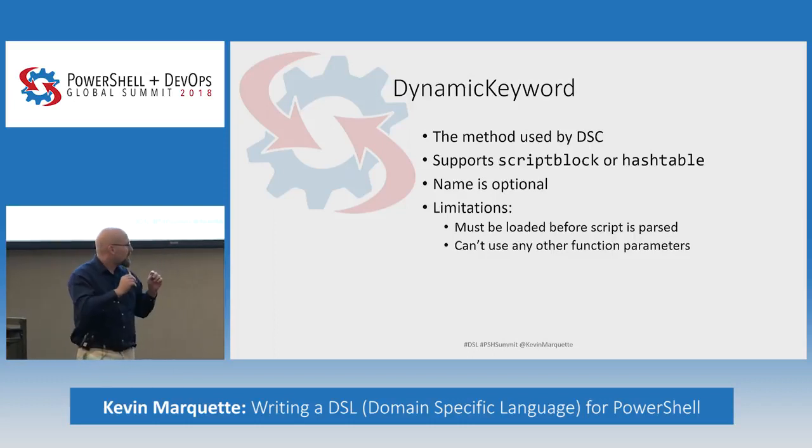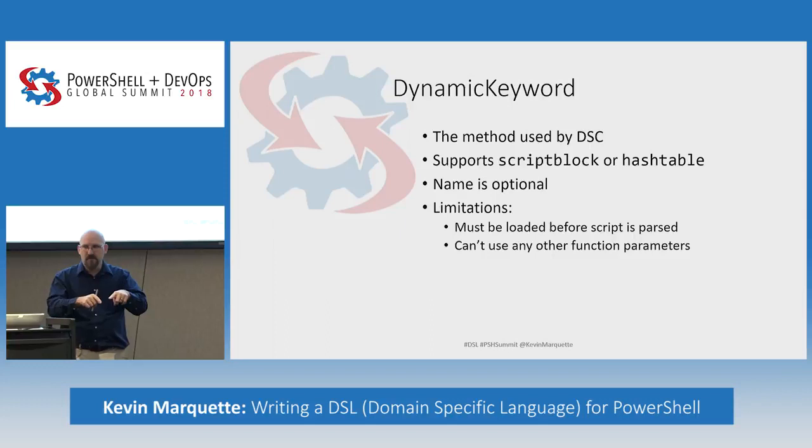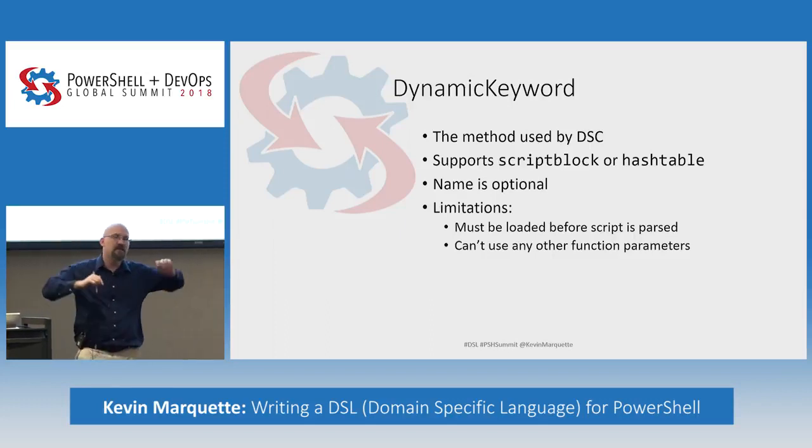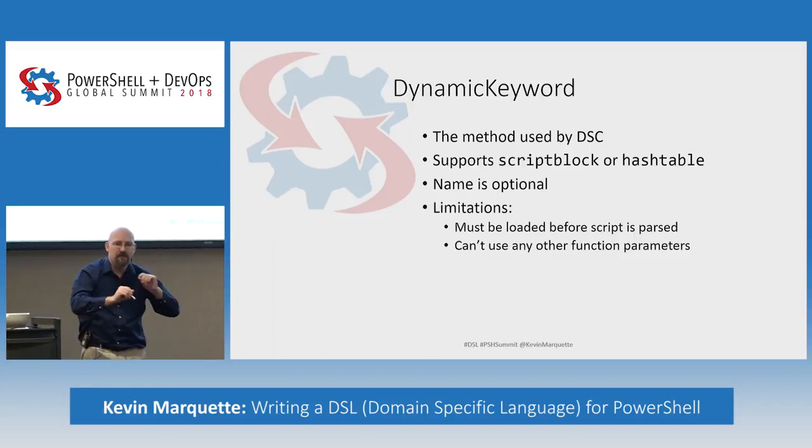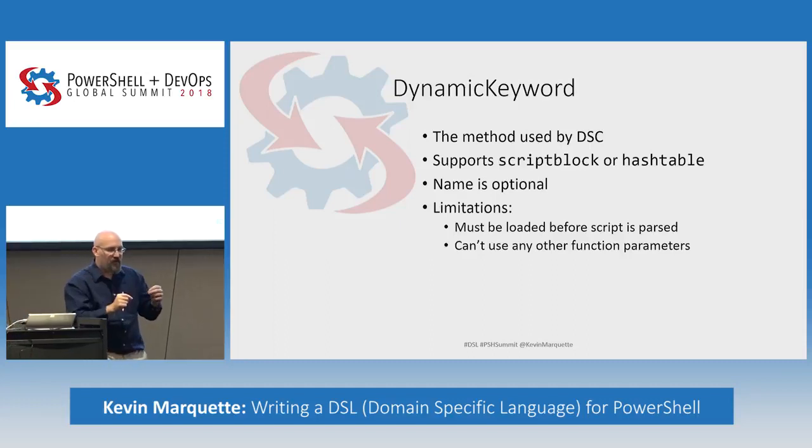And you also can't currently use other function parameters. Like if you're working with Pester, you can do a describe and give it tags and have additional parameters on there, or you can skip a test or mark it as a pending test. In my experimentation with dynamic keyword, I can't use those parameters. So we give up that.